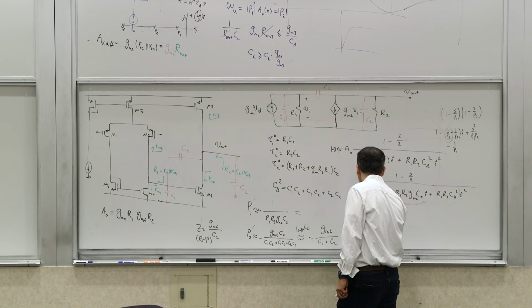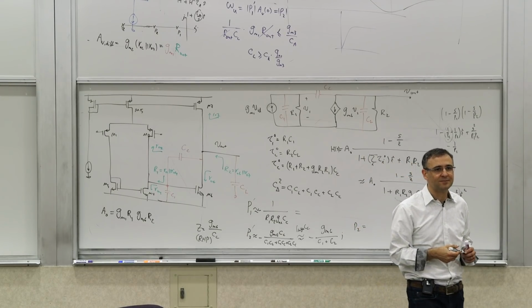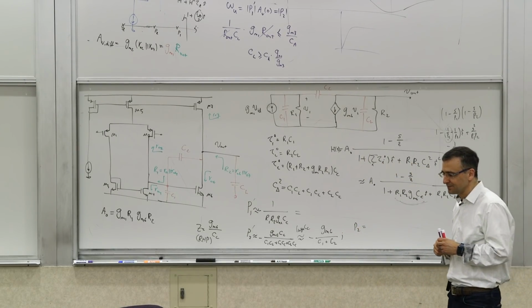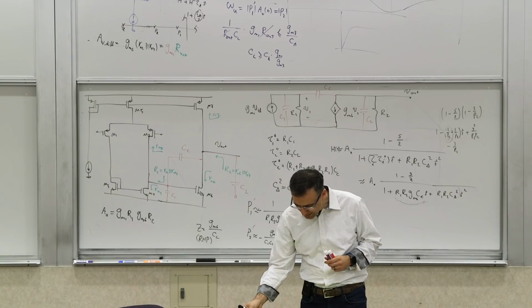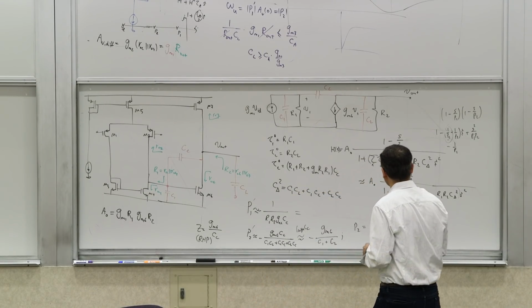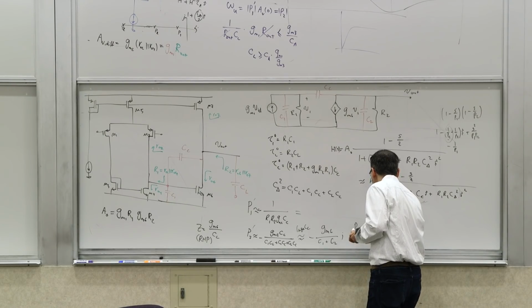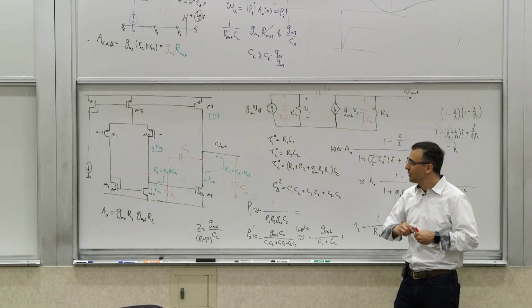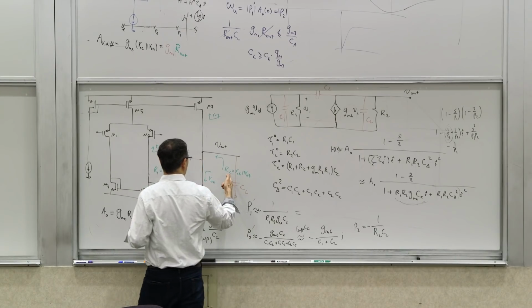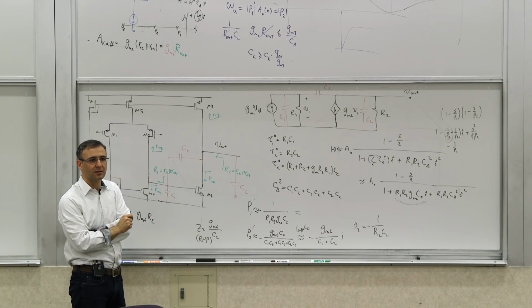Where was P2 if you didn't have any CC? Do you agree that it would have been simply 1 over RL CL? Because this capacitance is not here. It's just the time constant of this resistor, this capacitor, and these resistors.